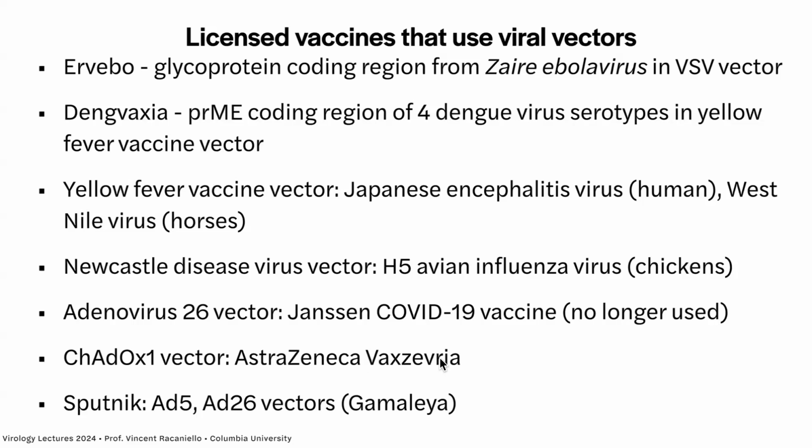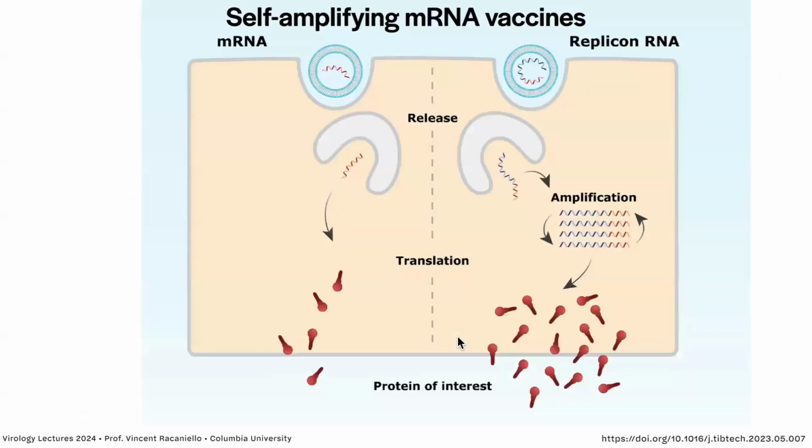It's called Vaxzevria, and it was used extensively in Europe and many other countries, still is. And then in Russia, they made a vaccine called Sputnik, which comprises a 2-dose vaccine, one with adenovirus 5 and one with adeno-26, both carrying the spike proteins of SARS-CoV-2.